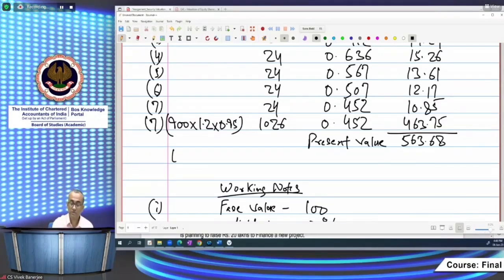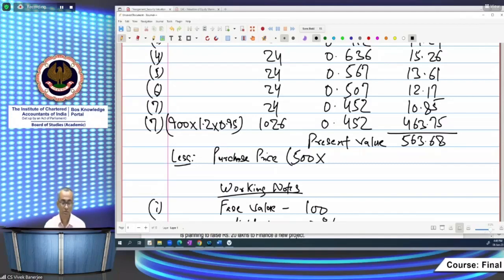So for this, we will deduct the purchase price. Purchase price is given in the question. Present purchase market price 500.